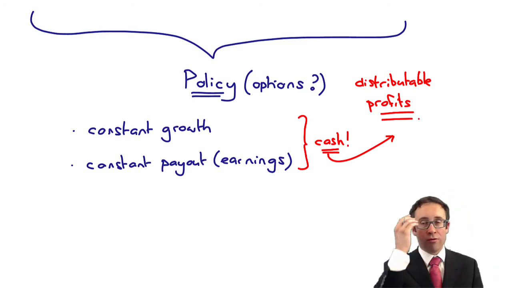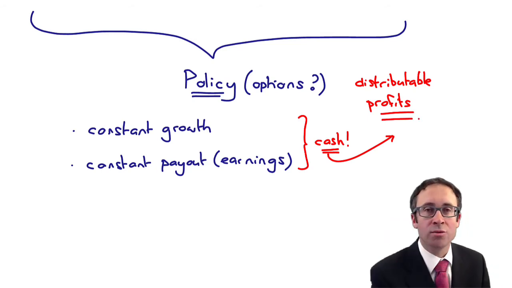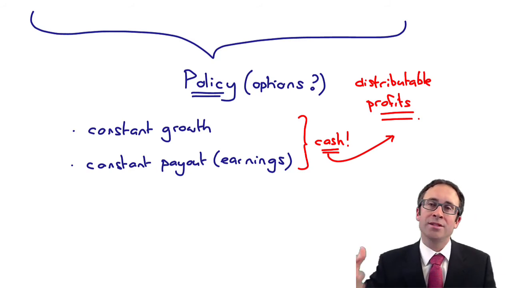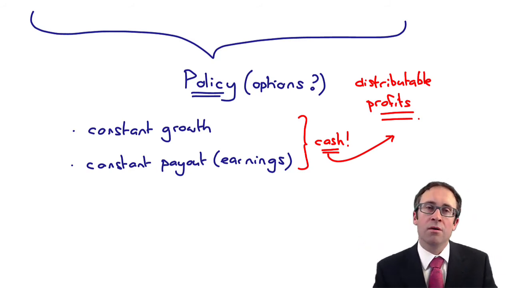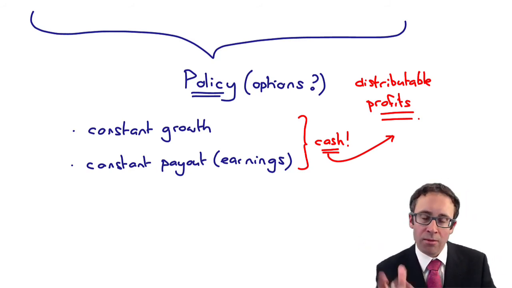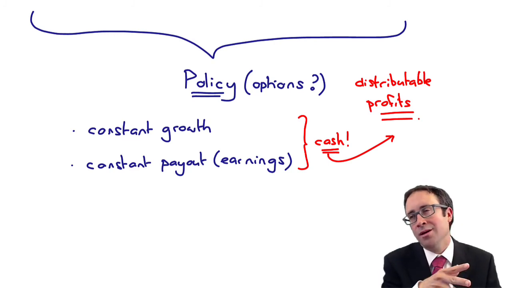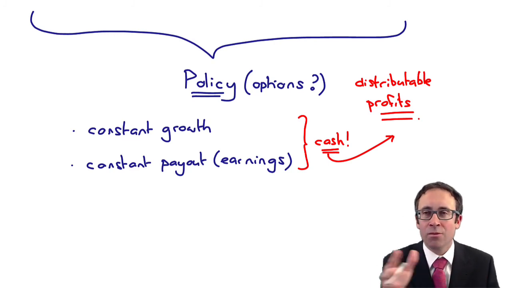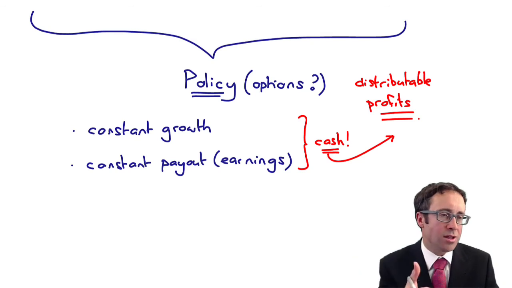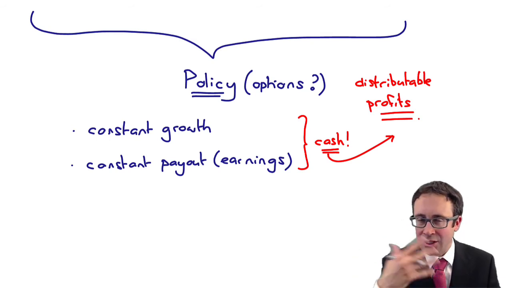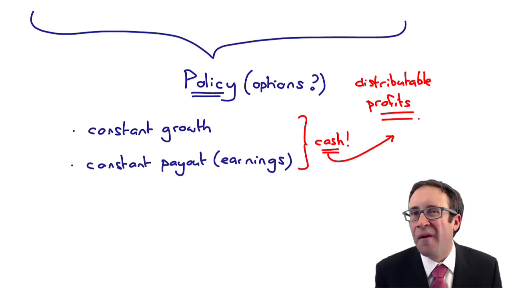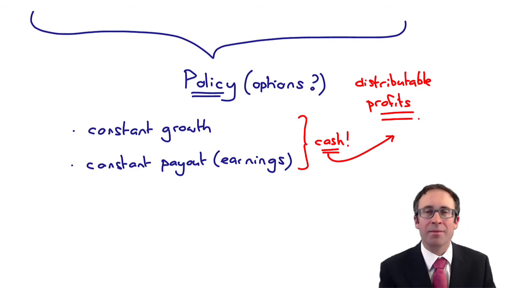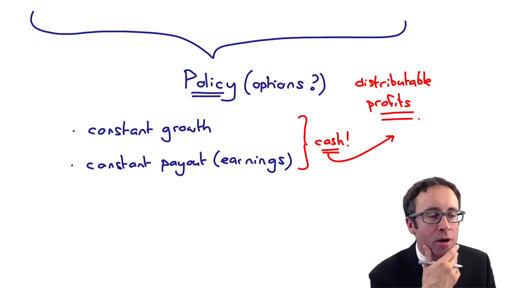So you can go through and pay out a dividend even if you've made a loss within the year, provided that you've got plenty of reserves that are distributable within the statement of financial position. But I'm not going to get involved too much in terms of the intricacies of what is and what isn't distributable. If we just think that retained earnings is effectively your distributable reserve and the other ones aren't, that's the simplest way to think about it. It's much more detailed than what you have there.